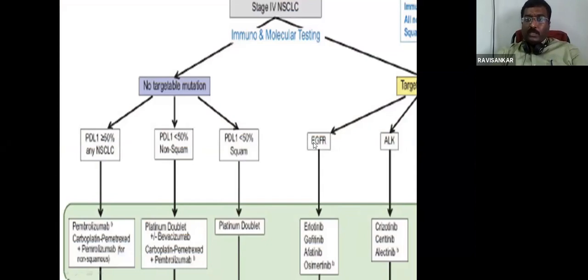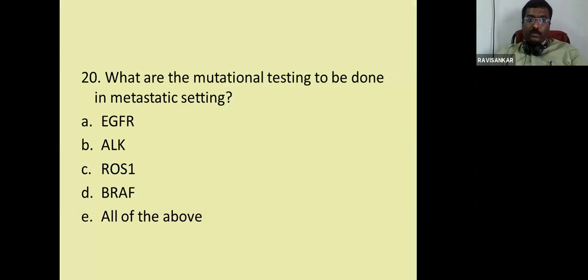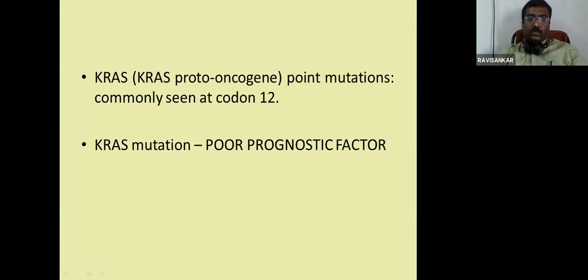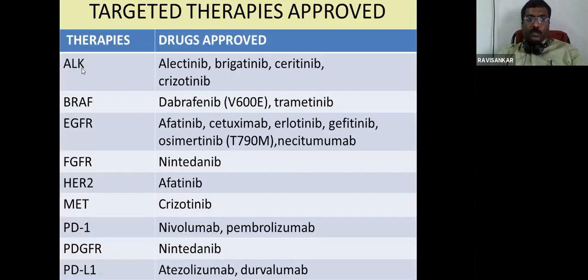For EGFR targeted therapies, you can use erlotinib, gefitinib, afatinib, and osimertinib. For ALK treatment, you can use crizotinib, ceritinib, alectinib, and brigatinib.